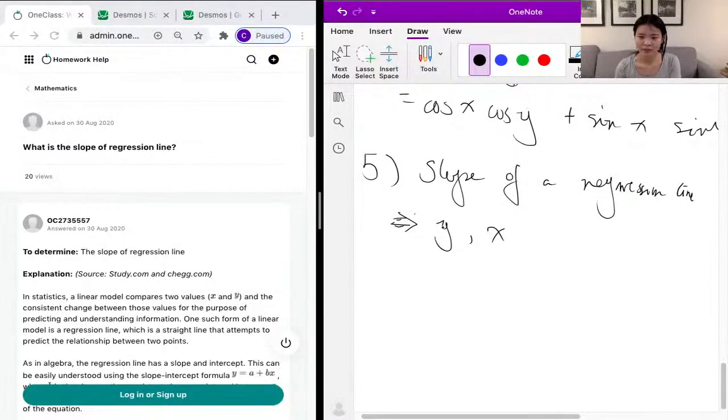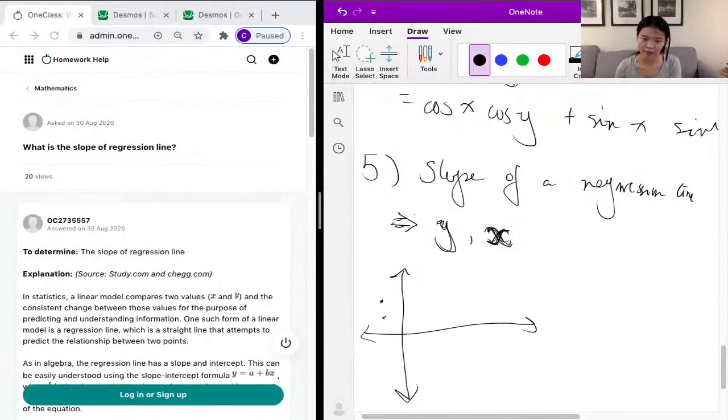We have the y's in a sample, and we also have the x in a sample, but we're trying to explain the relationship, or visualize the relationship between the y's and the x's. How we do that is that usually we would use something called a scatter plot. So there will be a lot of dots of different values of y's and x's. Over here, we just have a lot of random dots everywhere.